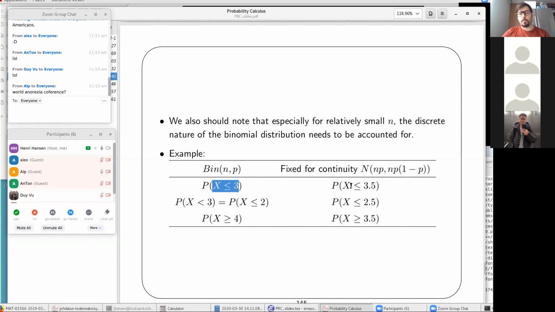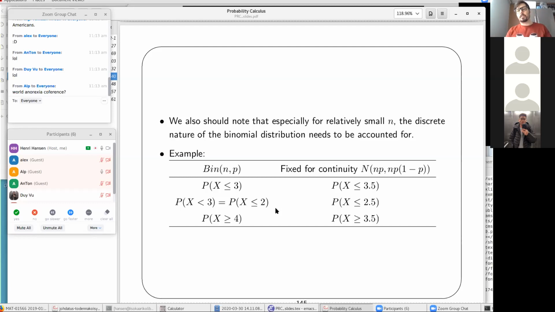So we should attribute the probability of all those cases where it's smaller than or equal to 3.5, anything that, when rounded, would result in 3 or smaller. Similarly, if it's smaller than 3, then it's in fact smaller than or equal to 2, so in this case it's 2.5. Whereas in normal distributions, x smaller than 3 and x smaller than or equal to 3 are the same, in the binomial distribution these are definitely not the same.